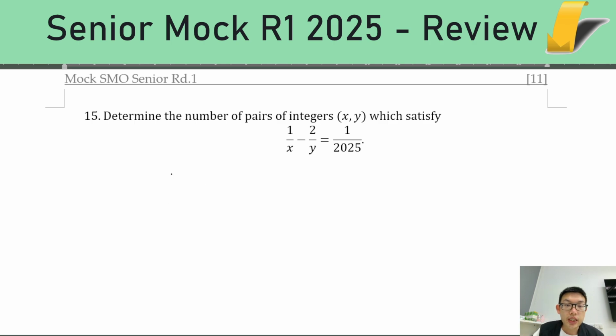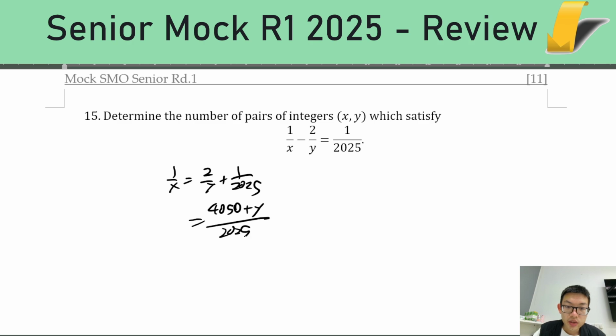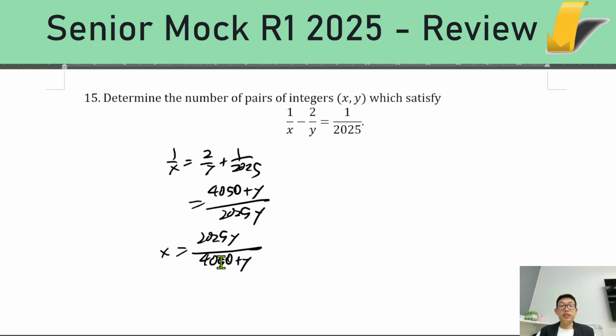You can always just let your x be the subject and then take the reciprocal. And so it's now asking, basically, for every value of y that makes this thing into an integer, you will get an x. Right? So it's just like, how many y's can you have?